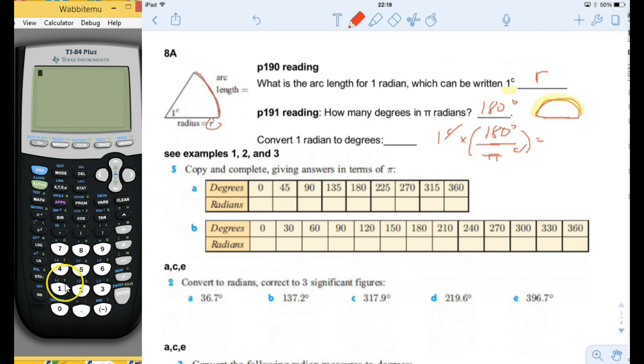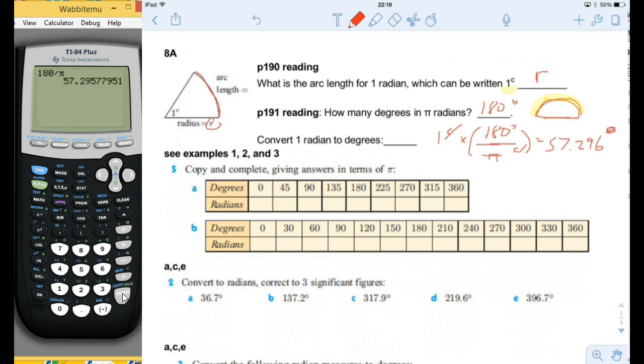Let's see what that is. 180 divided by pi. Where's pi? There it is. 57.296. 57.296 degrees is a radian.